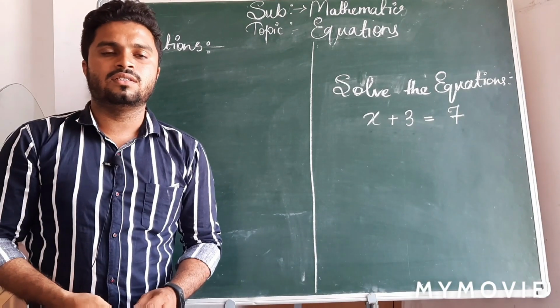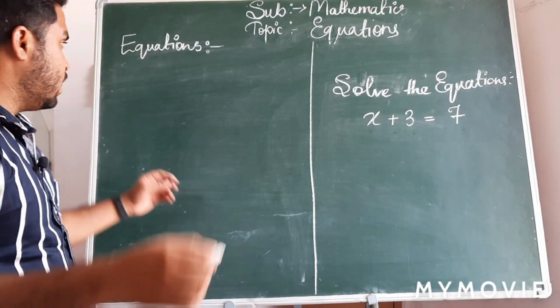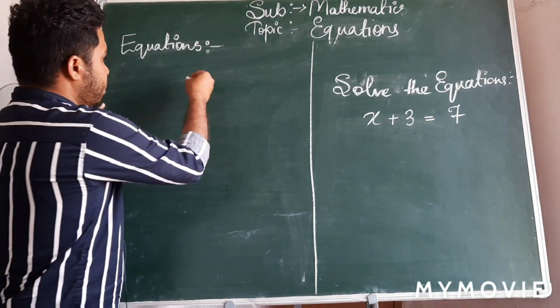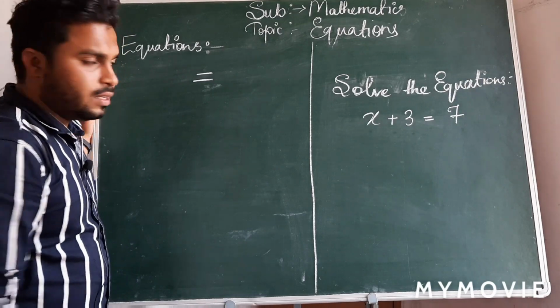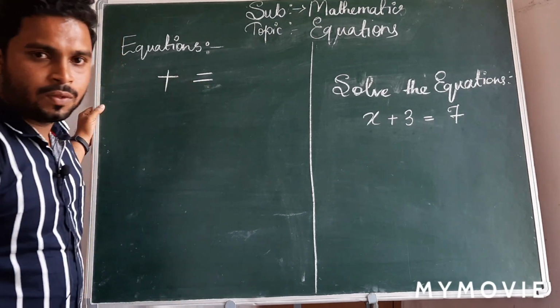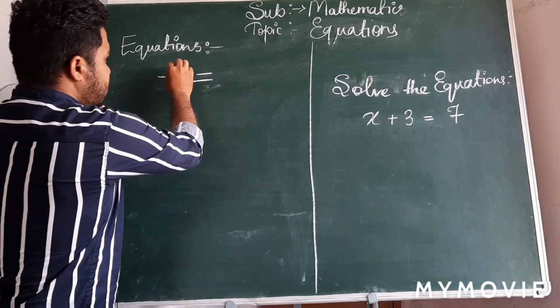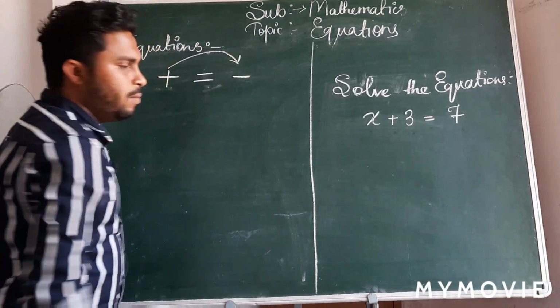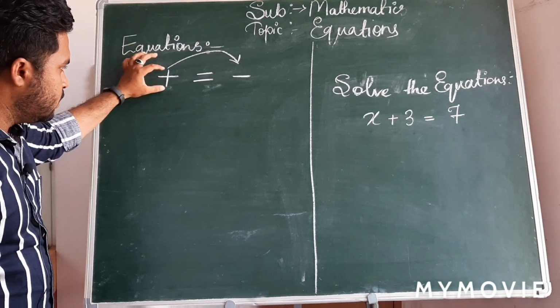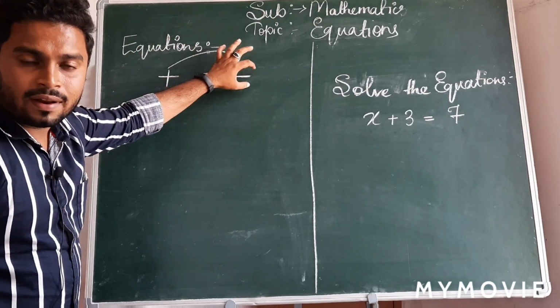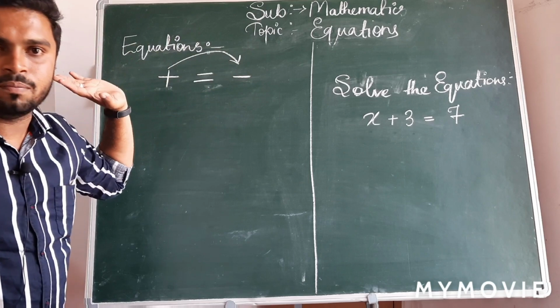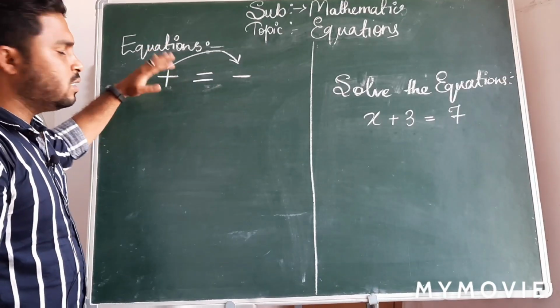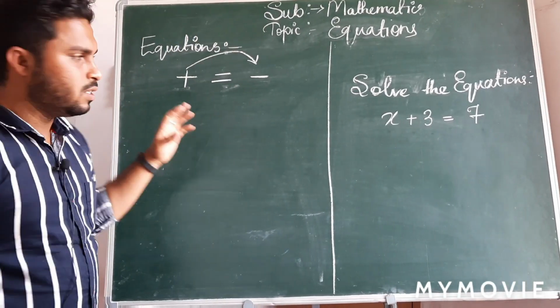Now students, let us solve a different concept. I will tell you one thing. See here, you have equals and you have plus here. When this plus comes to the right hand side of the equals, it becomes minus because its sign gets changed.